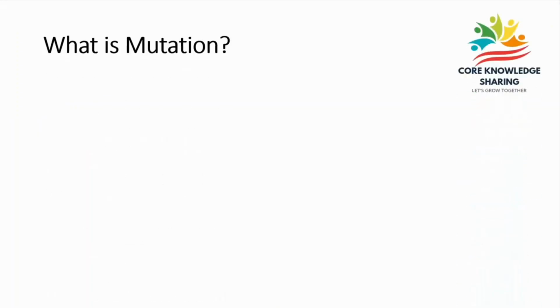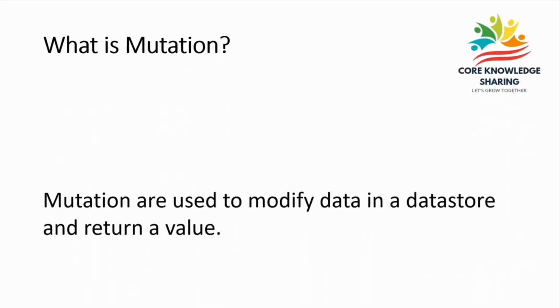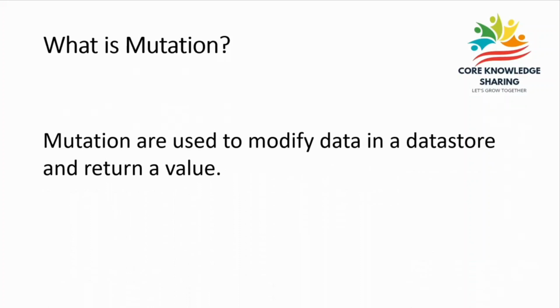Now, next is what is a mutation? Mutation is used in any operation that involves manipulating data. So, to add data, you need a mutation. To update data, you need a mutation. To remove data, you also need a mutation. So, basically, mutations are used to modify the data in a data source and return a value.